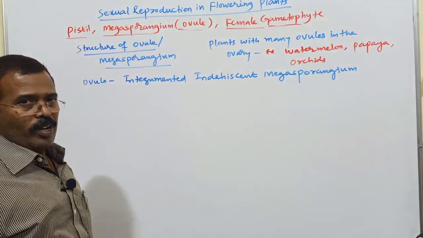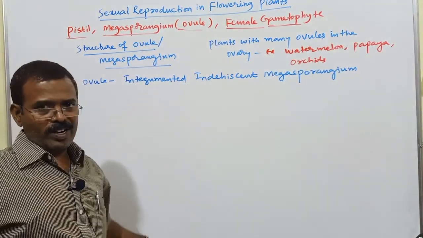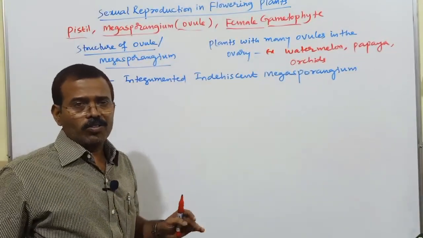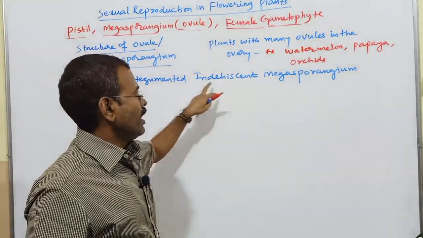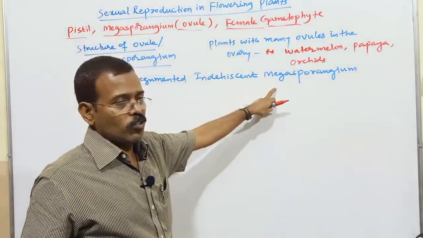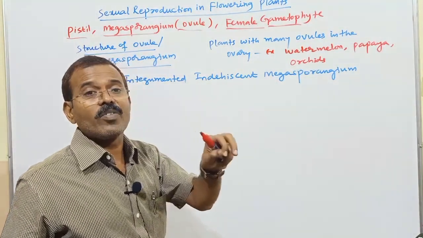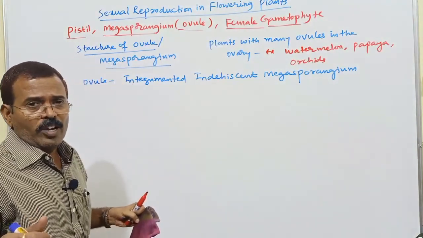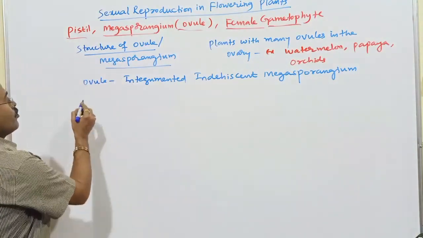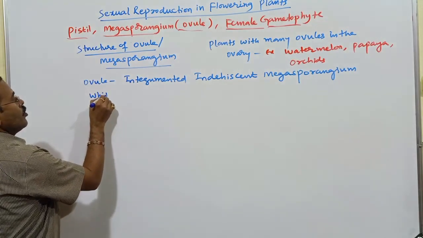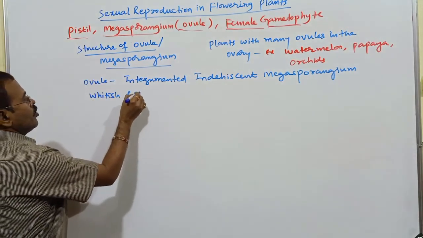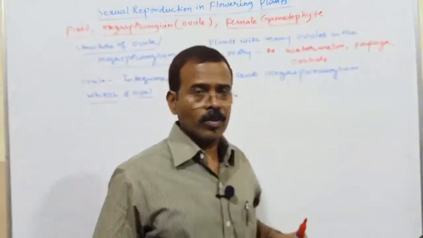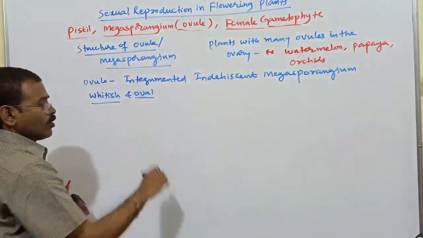Ovule definition: it is integumented, it has a protective covering, and usually it is not breakable. Indehiscent megasporangium, that is the technical definition of the ovule. Ovule is usually whitish and oval in shape.